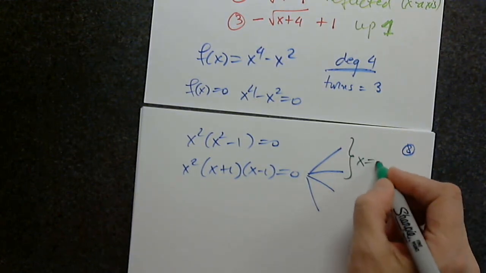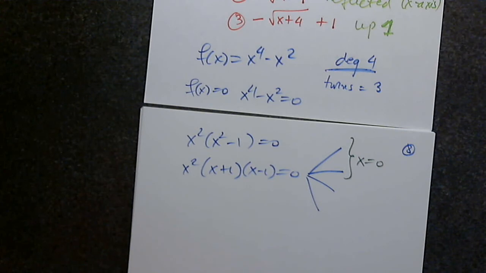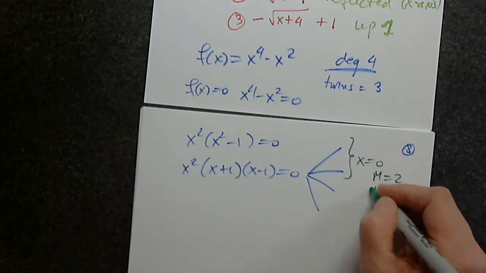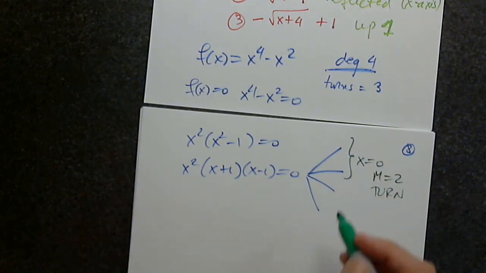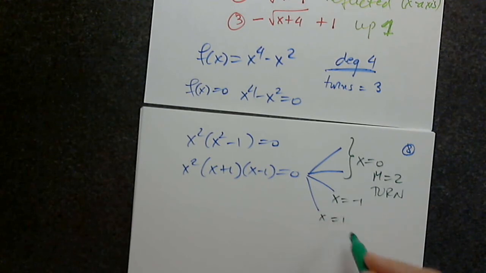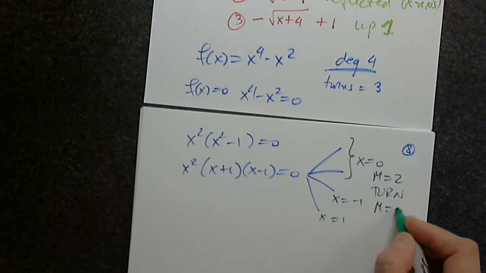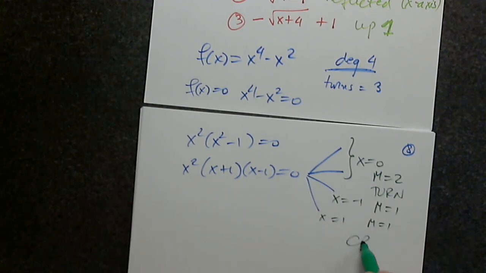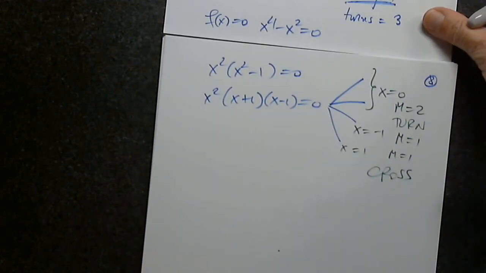So 2 zeros are 0, multiplicity 2, turn. And then we have negative 1 and positive 1, multiplicity 1, which means a regular cross. And now I have everything I need to start the table.